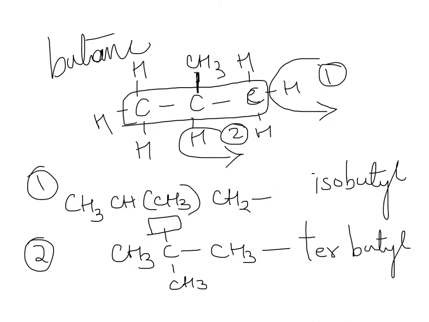Why? Because here is a carbon that is bonded to three different carbons. So this is a tertiary carbon. So this is a tertiary butyl, or tert-butyl is what they call. Very important to understand alkyl groups.